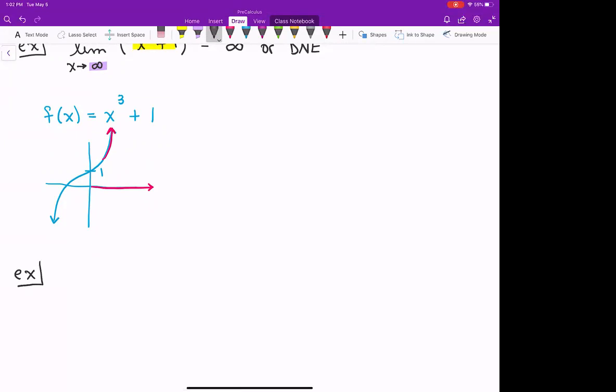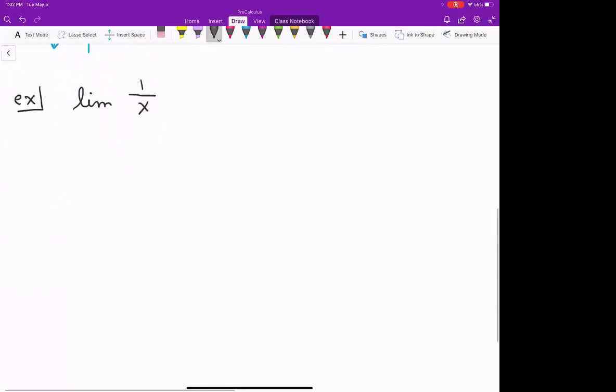All right, so I could give you something like the parent function 1 over x. So we'll take the limit of the parent function 1 over x, and maybe I'll say as x is heading to infinity. I'm just going to focus my attention on the 1 over x piece for a second. So if I'm thinking about that as a function, that'd be y equals 1 over x, or f of x equals 1 over x.